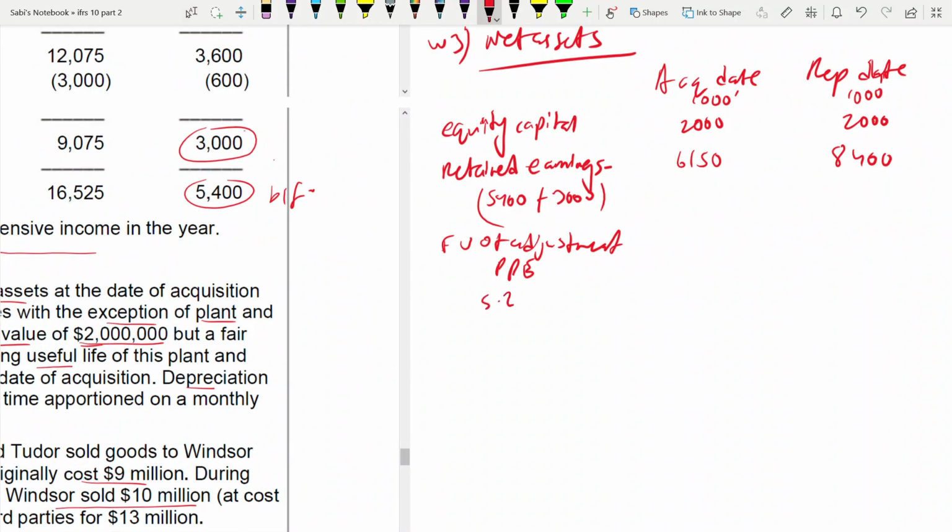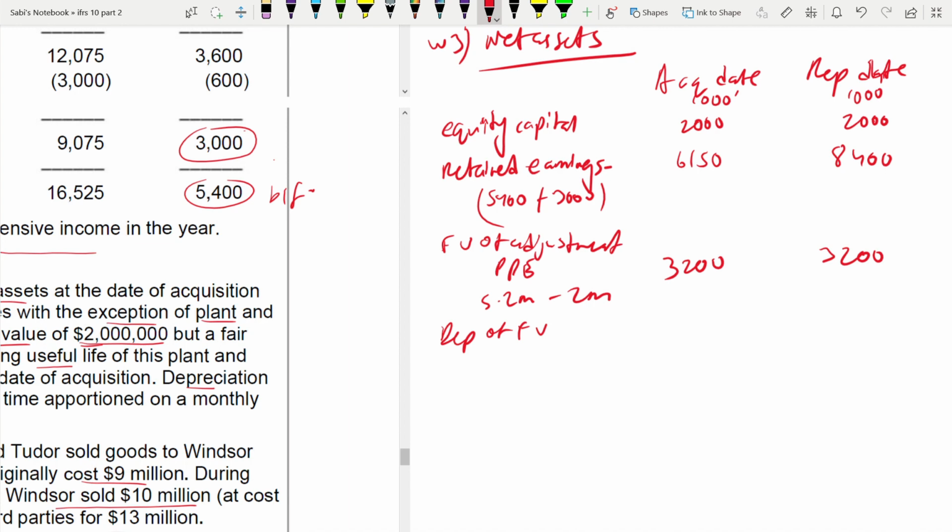So 5.2 million minus 2 million, which will be 3.2 million, right? 3,200. It will be 3,200 here as well. Now, depreciation. Because you have property, plant and equipment, don't forget the depreciation on that fair value. So depreciation also will be deducted. Depreciation of fair value.